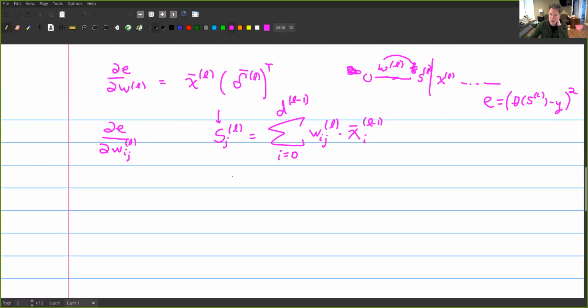So here I can express this using the Leibniz version of the chain rule as the derivative of E with respect to S_j^L times the derivative of S_j^L with respect to W_ij^L. Okay, hopefully that might be strange, but that's just the calculus.